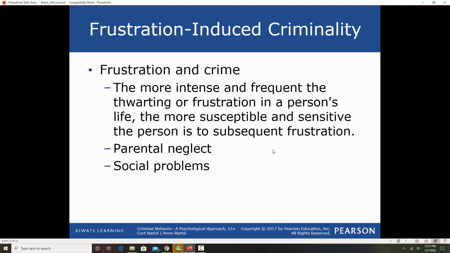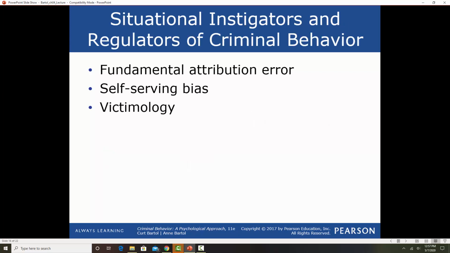We're just not talking about they don't get the video game. They don't get their needs met. They have neglect from their parents. They have societal problems in their neighborhoods that just cause a lot of frustration. They're definitely more susceptible to having that frustration boil over in some type of behavior that we might see manifested in criminal behavior.